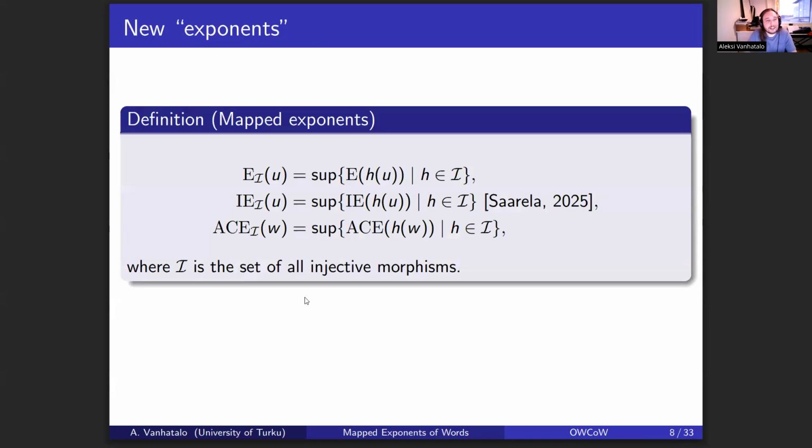So we define these new exponents. I don't know if exponents is a good name for this, but we call these mapped exponents. We have the mapped exponent of a finite word, the mapped integer exponent of a finite word, and then the mapped asymptotic critical exponent of an infinite word. These are just supremums of the relative exponent when the argument word is mapped via an arbitrary injective morphism. Saarela started the study of this with the mapped integer exponent.